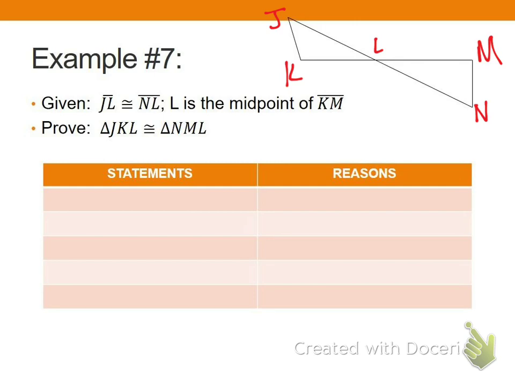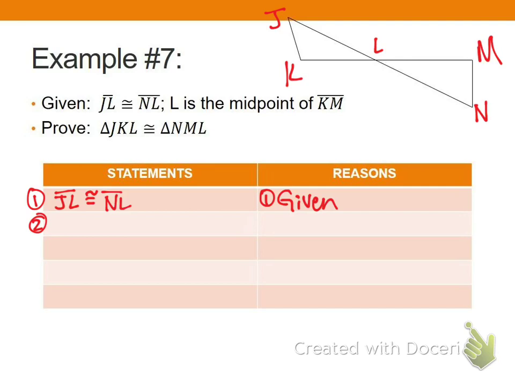All right. Statements and reasons. This one's totally blank. What's my first statement? Good. First, we've got JL congruent to NL. What's my reason for that? That's given. Okay, now again, I would usually put all my givens together, but we'll go ahead and split them up just for space.